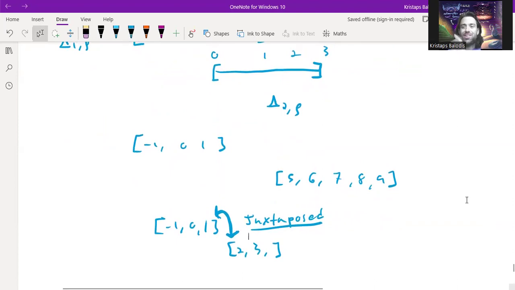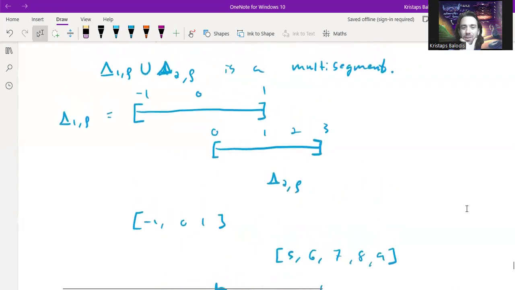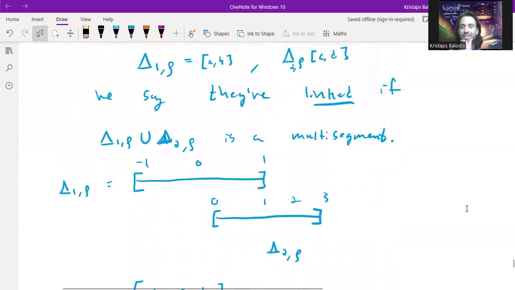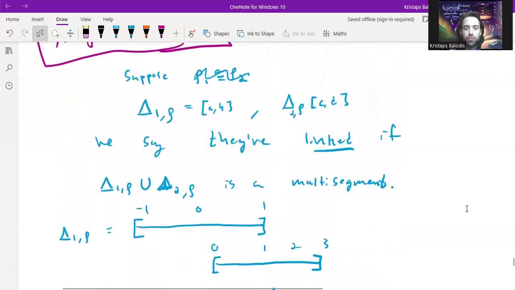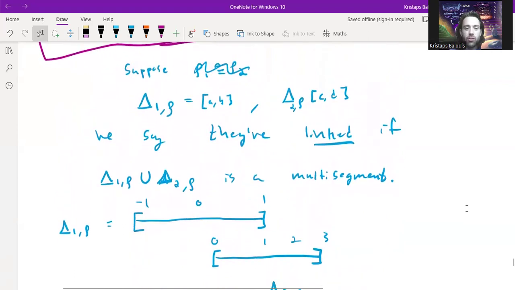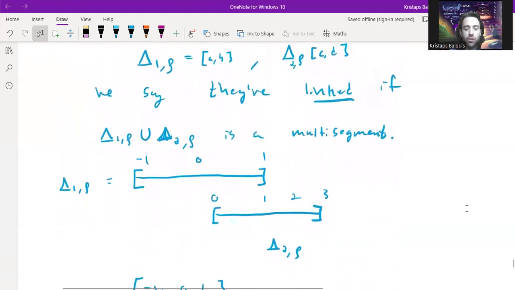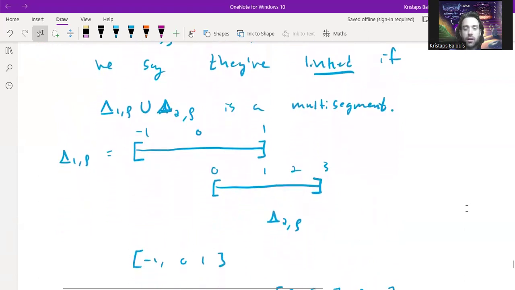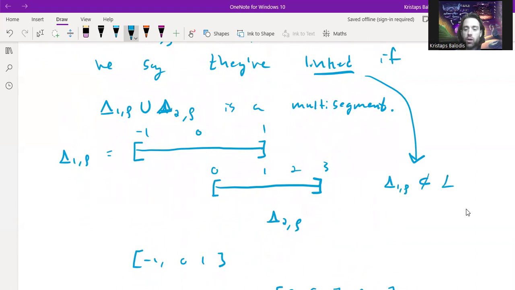So you can see combinatorial things. Why are we making these definitions? There's something combinatorial starting to show up. We've got these multi-segments, and this notion of being linked. We also need to disallow the possibility that one of these multi-segments is contained in or equal to the other.